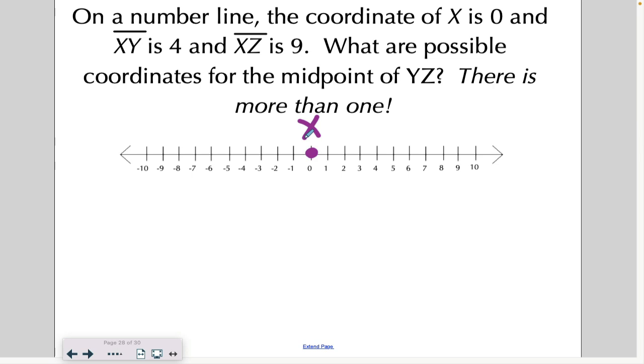There's not like 100 of them. There's a couple. There's just a couple.